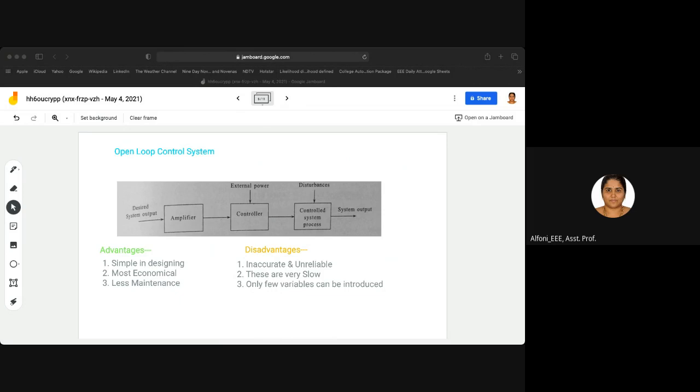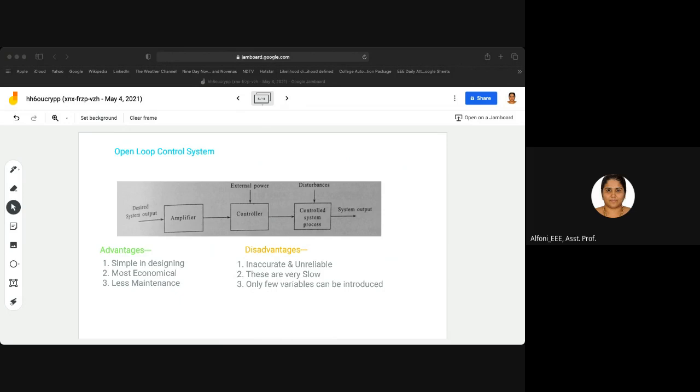But apart from these advantages, we have disadvantages. It is an inaccurate and unreliable system because only a few variables can be introduced in these systems. These systems also do not adapt to variations in environmental conditions. If any external disturbances occur, obviously the output will automatically change, and we cannot get the desired output.